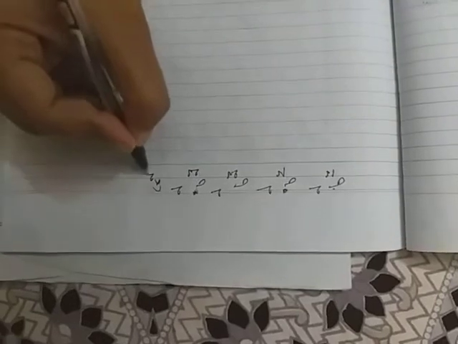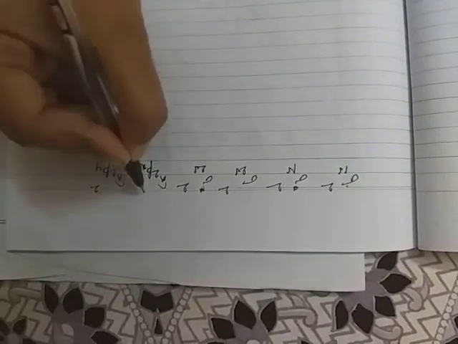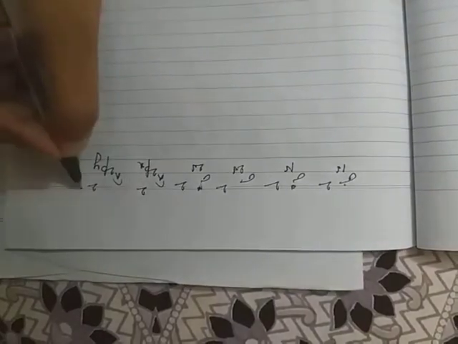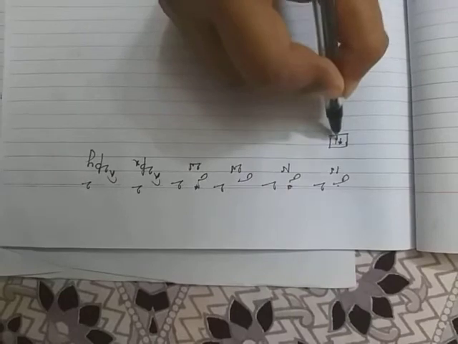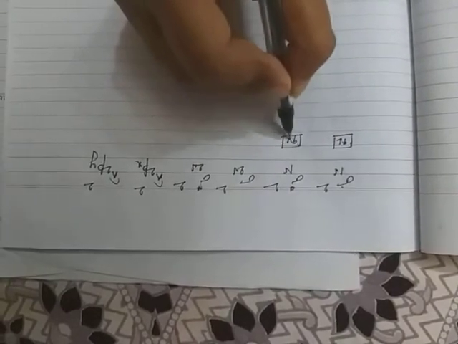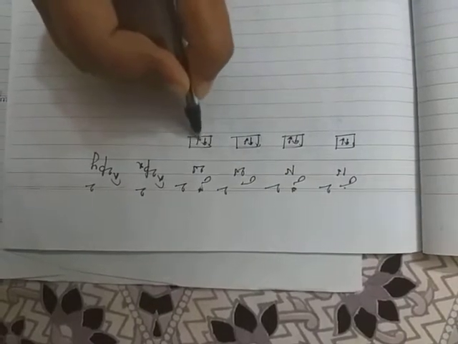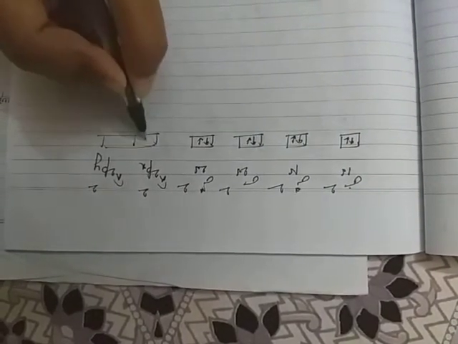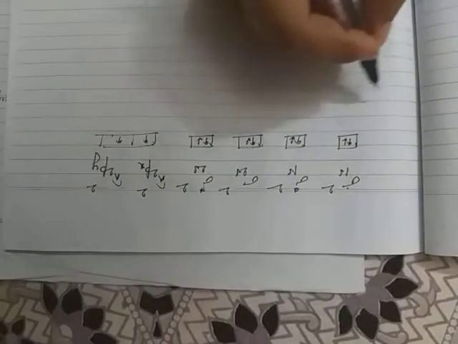After that, pi 2px, pi 2py, 2 and 2. First 1, then after that plus 1 and plus 1. So we have 12 electrons filled up like this. And after filling up of these electrons, we have this configuration.